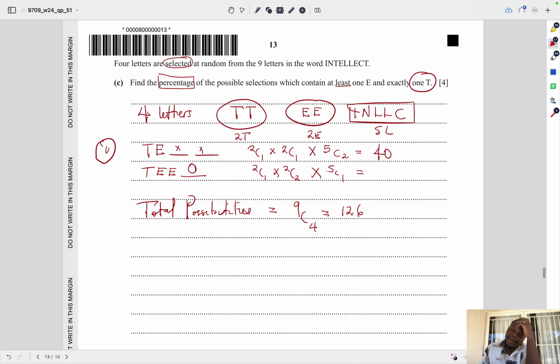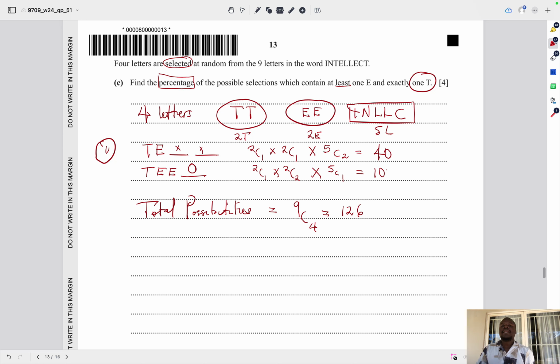Now 5 choose 1 is 5, and 2 choose 1 is 2. So this is 10 here.